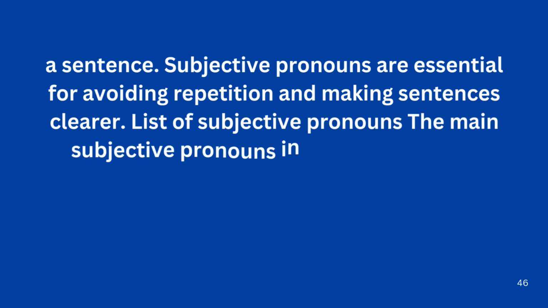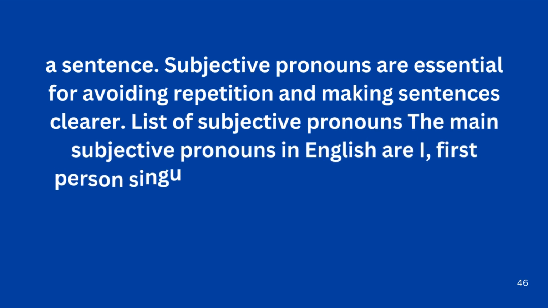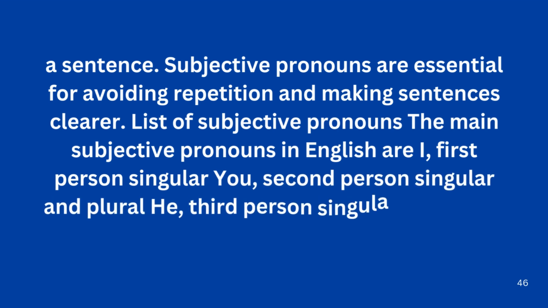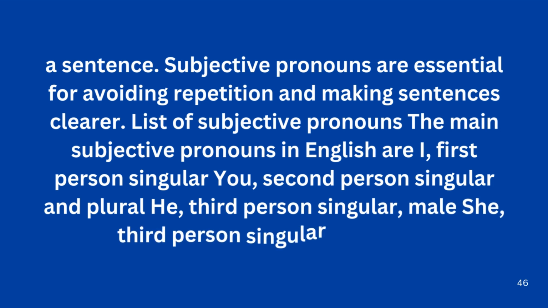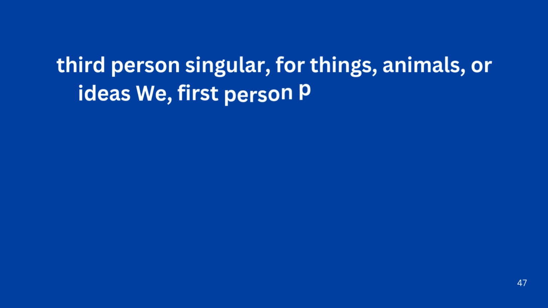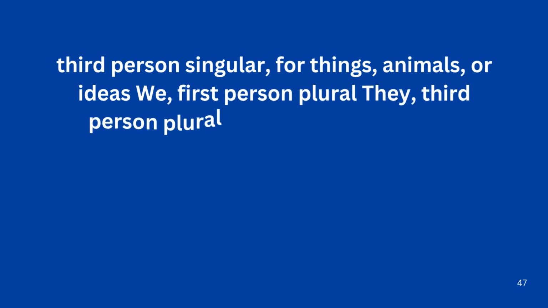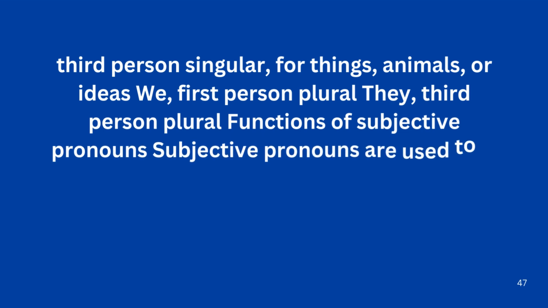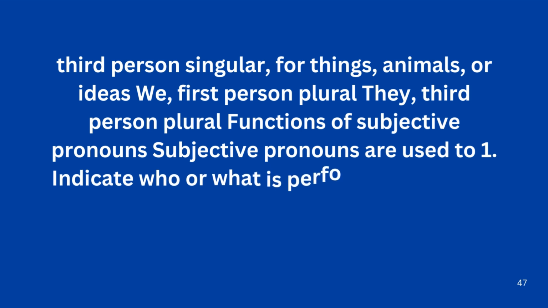The main subjective pronouns in English are I, first person singular; you, second person singular and plural; he, third person singular, male; she, third person singular, female; it, third person singular, for things, animals, or ideas; we, first person plural; they, third person plural.